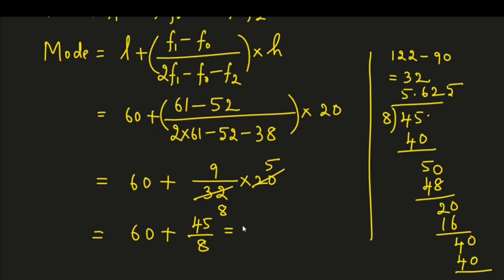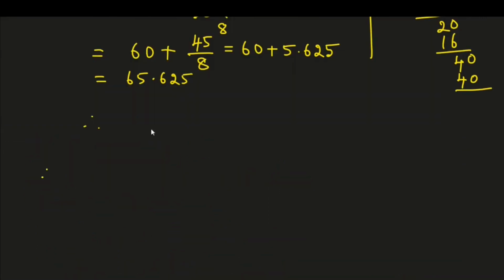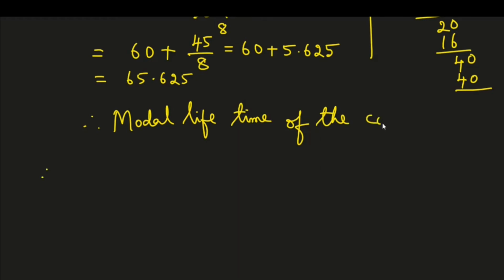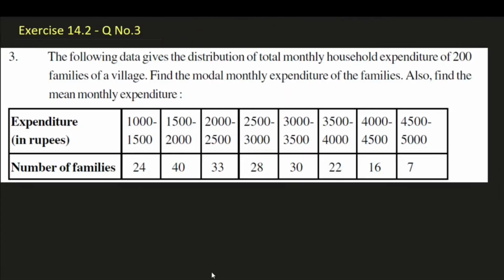So this is 60 plus 5.625. Now this is 65.625. This is modal lifetime of the components. Therefore, modal lifetime of the components is 65.625 hours.